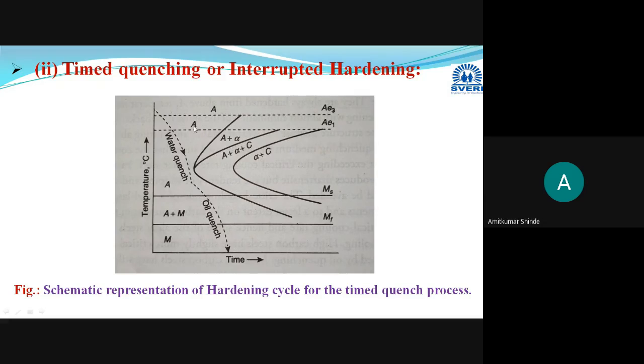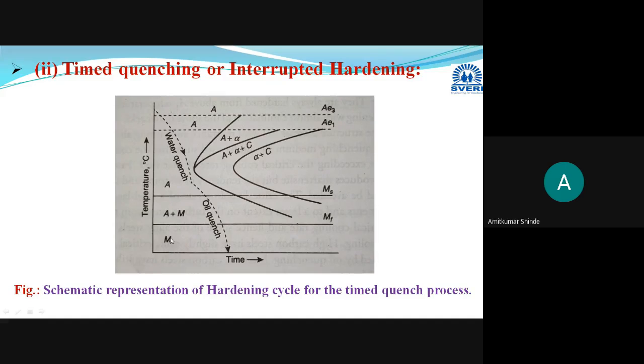Whichever amount of austenite remains at room temperature, in the final structure, that austenite will be termed as the retained austenite. What is the aim of our hardening process? This austenite we want to transform to 100% martensite, but at the end we end up with some austenite as it is at room temperature also.